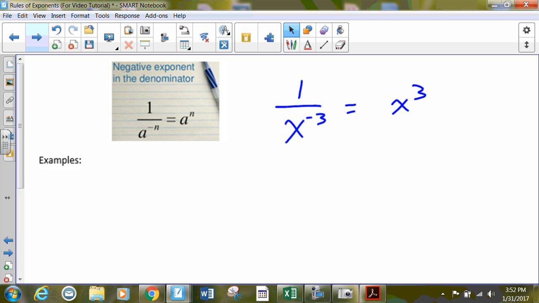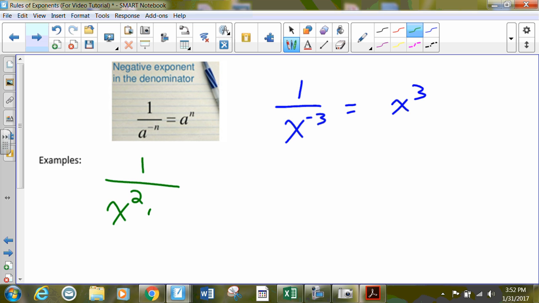All right, so what are the examples for this one? We did one of them. How about if we had something like 1 over x squared y to the negative 3? Now note the 1 stays there, just so that you can see what you would do if it was a different number.